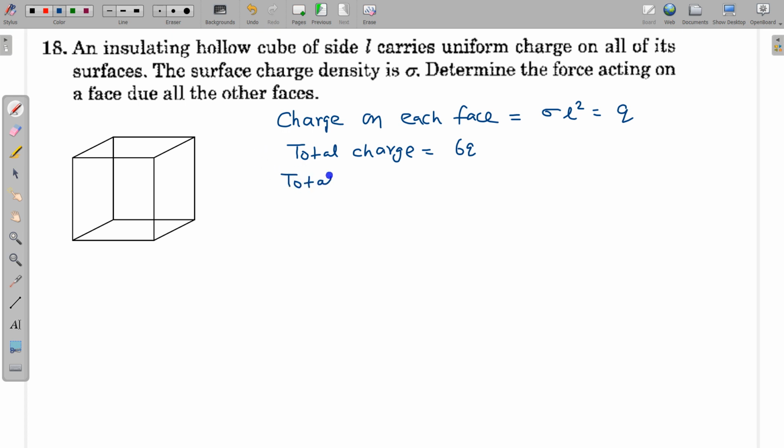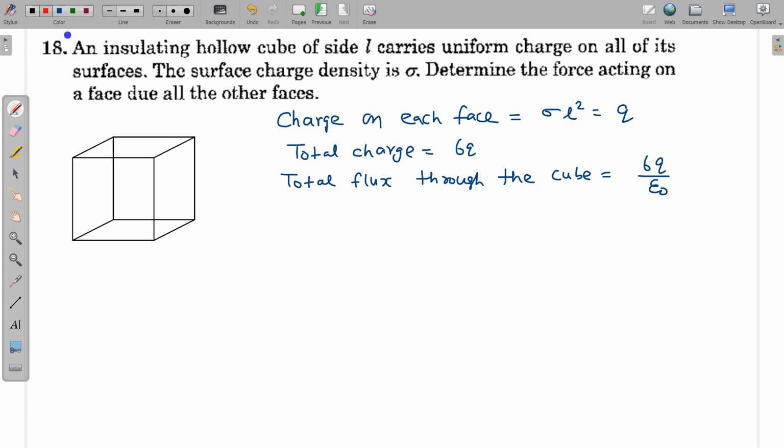So the total flux through the cube would be equal to the total charge 6Q divided by epsilon naught using Gauss law. So from Gauss law the flux is 6Q by epsilon naught. And from symmetry we can say that the flux passing through each face will be Q by epsilon naught.